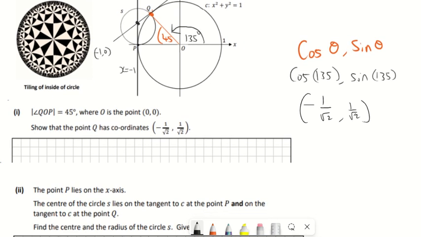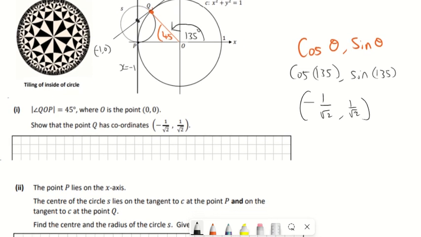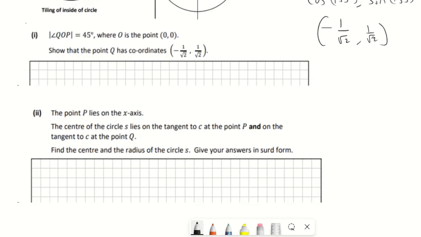So the slope of the line between O and Q, so M of OQ, is equal to y2 minus y1, so 1 over root 2 minus 0, over x2 minus x1, so minus 1 over root 2 minus 0.